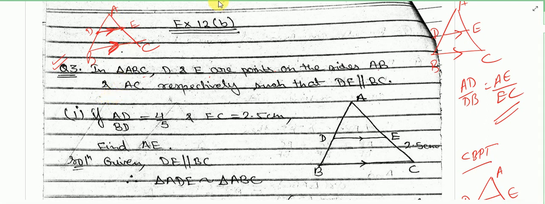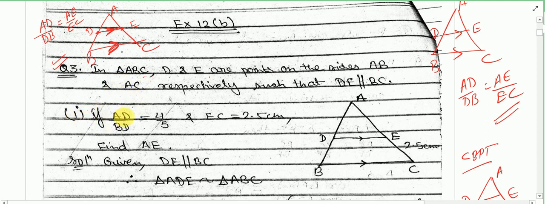So in that case, your AD upon DB will be equal to AE upon EC. Okay. So in this question, for question number 3, we have got a few sub questions, so let us see the first one.